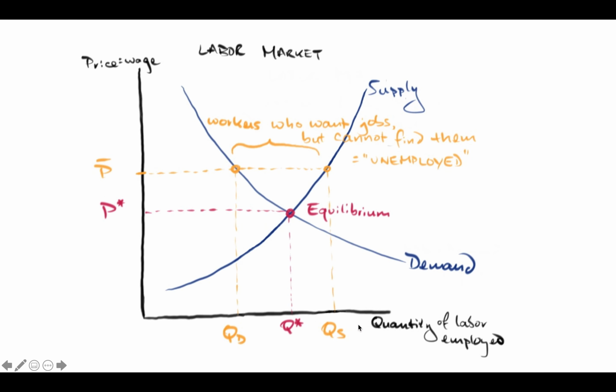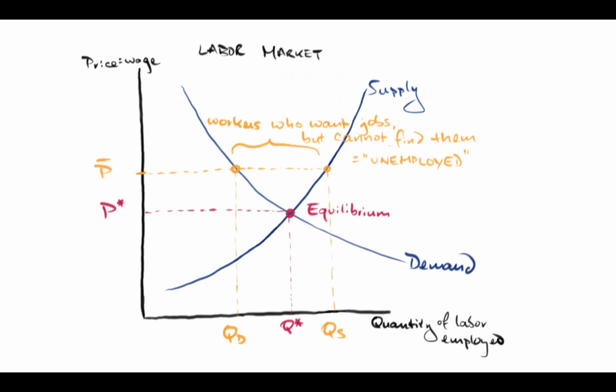There's this surplus of labor, more workers looking for jobs than jobs are available. And a surplus of labor is called unemployment. Okay, so this is one of the predictions of our market analysis. Setting a minimum wage above the market equilibrium will create unemployment.